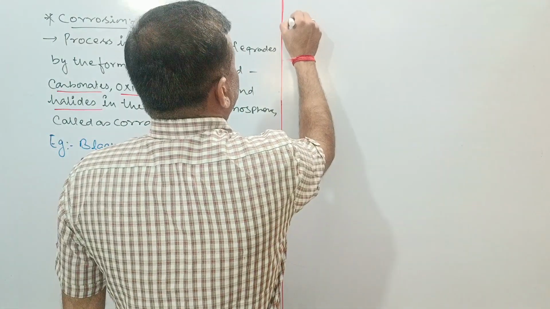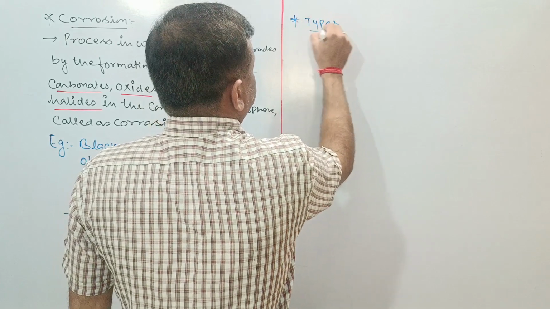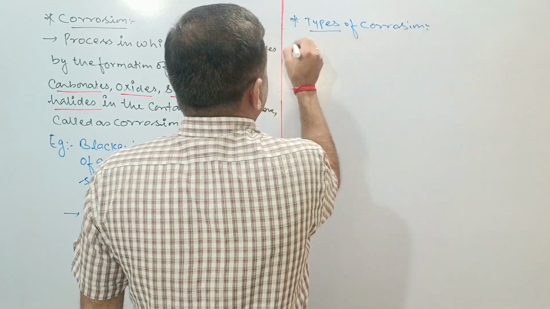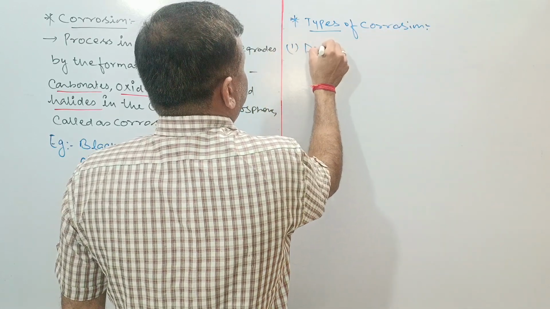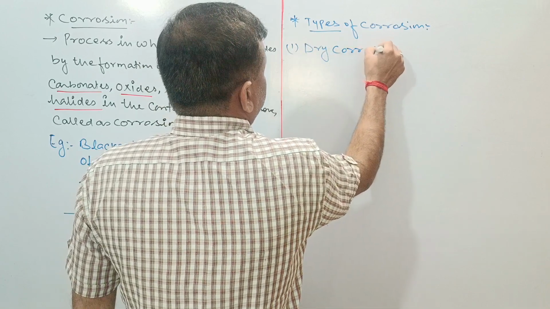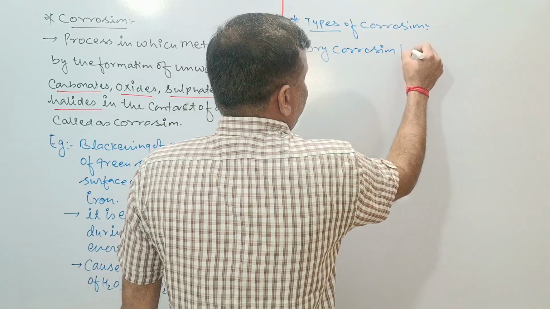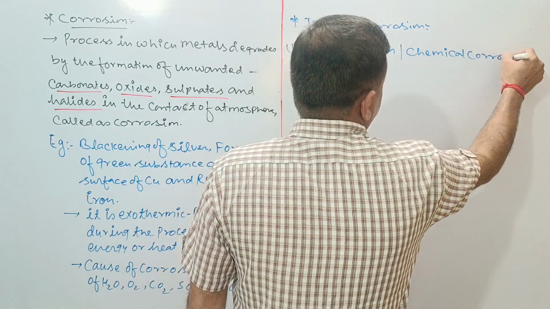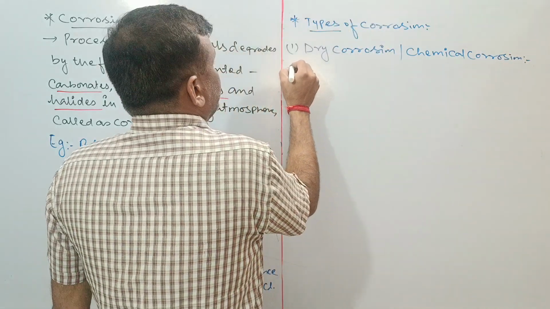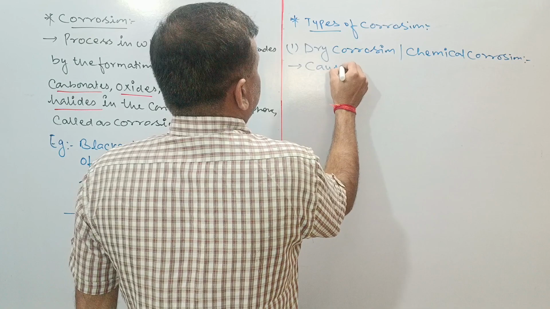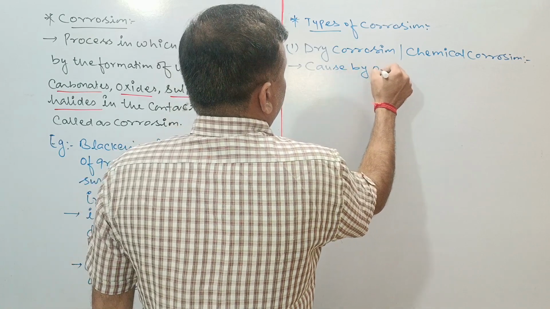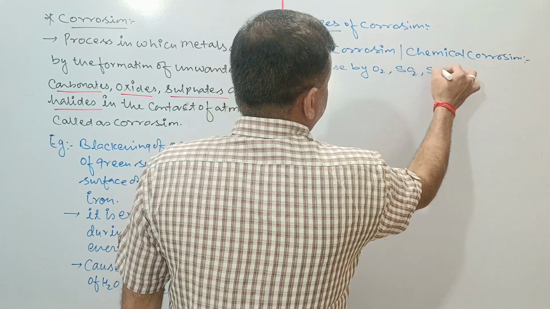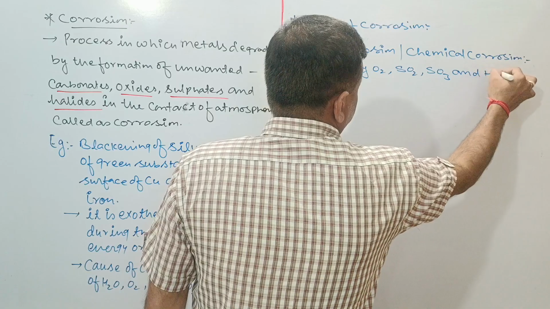Further, there are two types of corrosion. One is dry corrosion, also called chemical corrosion. It is caused by O2, SO2, SO3 and HCl.